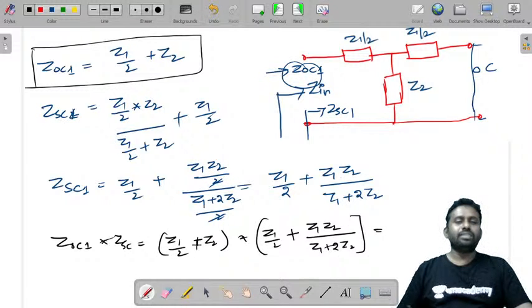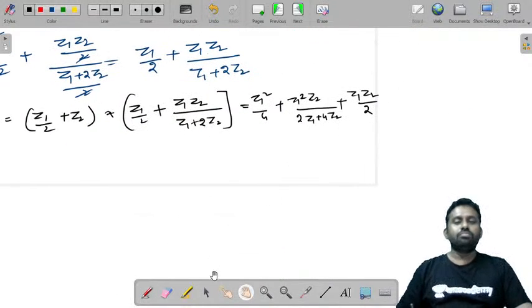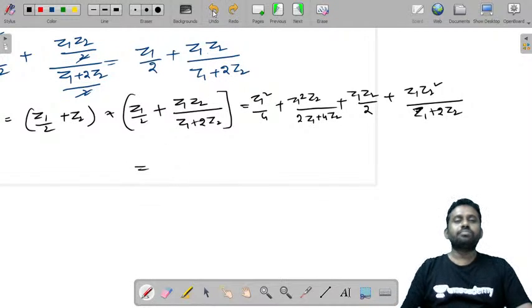Multiply Z1 by 2 into Z1 by 2, it is Z1 square by 4, plus Z1 square Z2 by 2Z1 plus 4Z2, plus Z1 Z2 by 2, plus Z1 Z2 square by Z1 plus 2Z2. Just try to simplify this, you'll get Z1 square by 4 plus Z1 Z2.